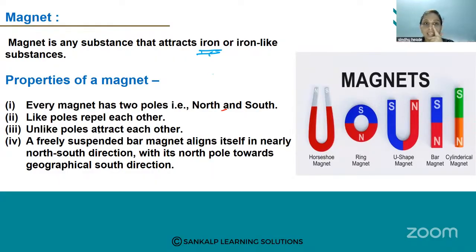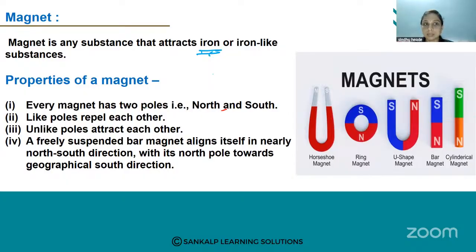What is a magnet? A magnet is a substance having the property of attraction when it is close to iron or iron-like substances. Okay, this is the definition of a magnet.